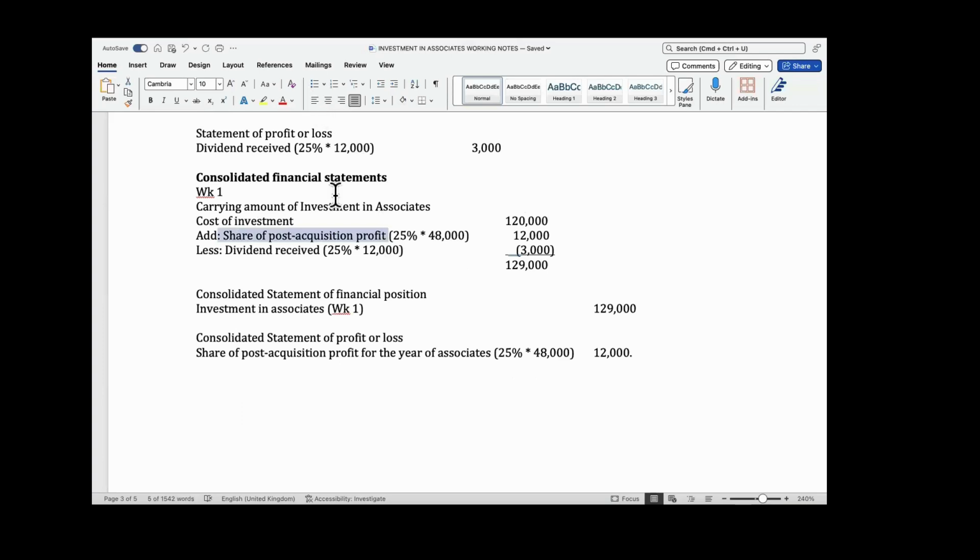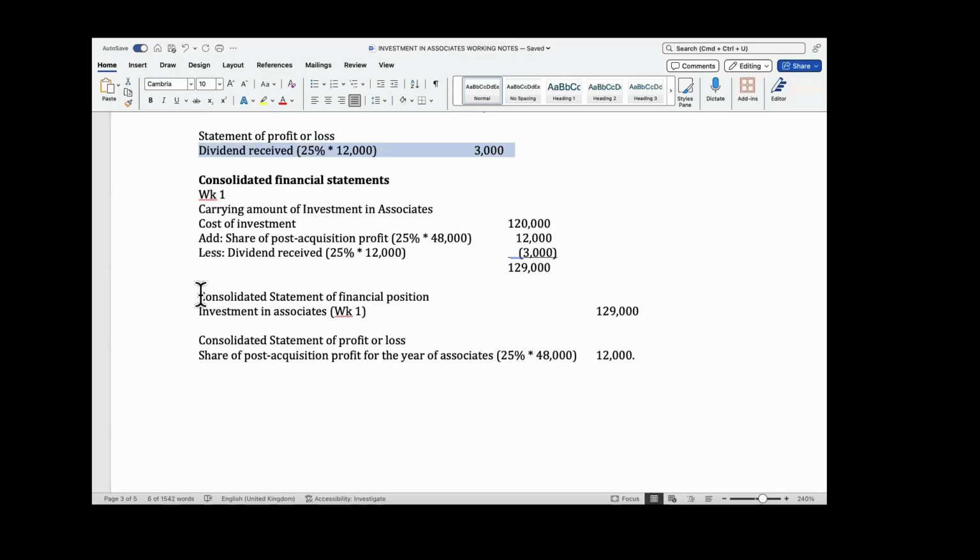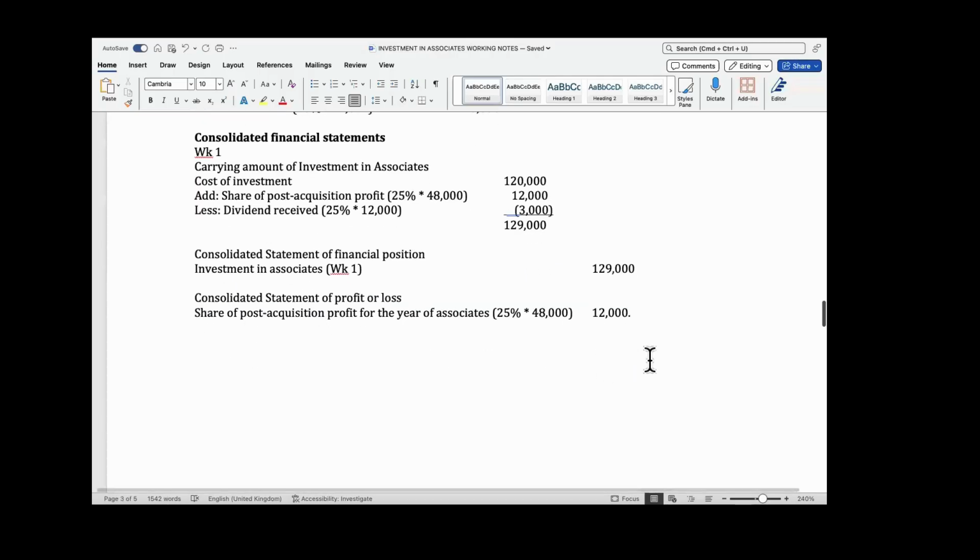And if there is any dividend, it removes it because he will have recognized it in his individual account. So he will cancel that out. And we then put it in a consolidated statement of financial position. And in the consolidated P&L, you will get a share of profit for the year as well. And that ends it there.